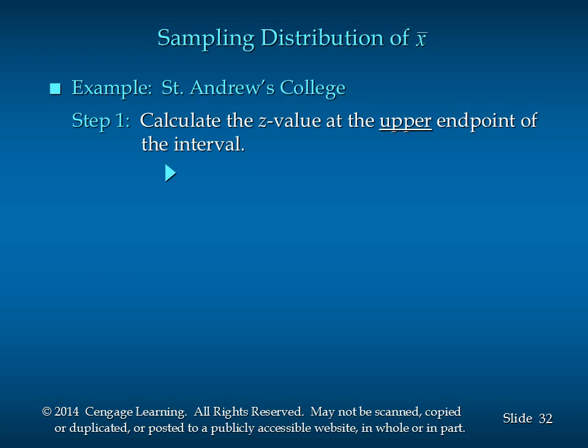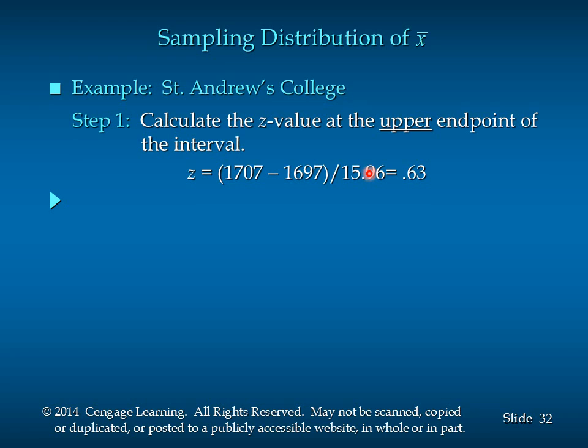What you do, you can pull out your handy dandy Z table again, and you get your upper point probability. The way you do that, you just go x minus mu. The actual point that you're interested in, or actually this is x bar at this point, but it's really mu because it's an expected value, divided by the standard deviation.